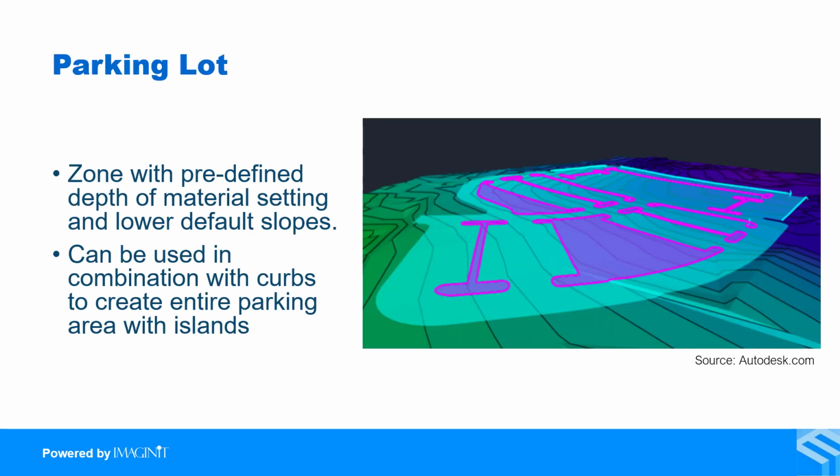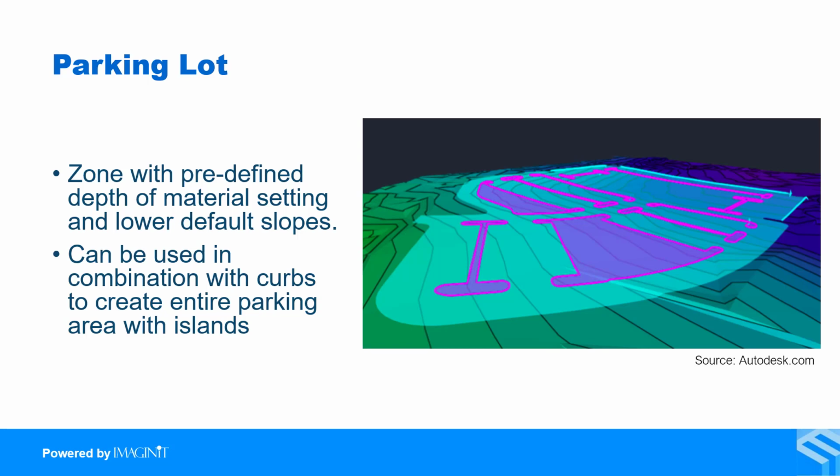Parking lots are another predefined zone option, and all it is compared to the other zones is a zone that has a less severe slope typically, and also includes the depth of material, so we can actually calculate the amount of asphalt or whatever the medium that we're using.